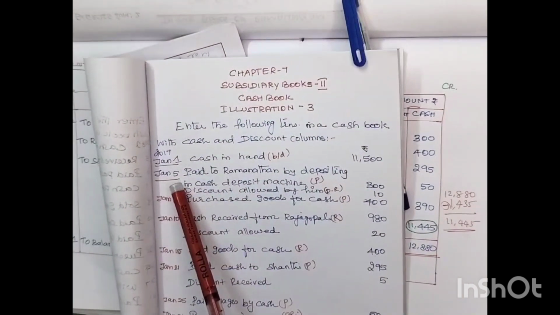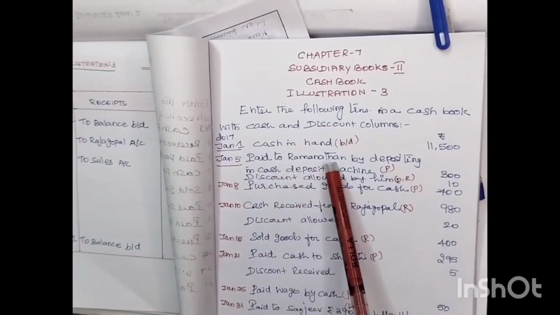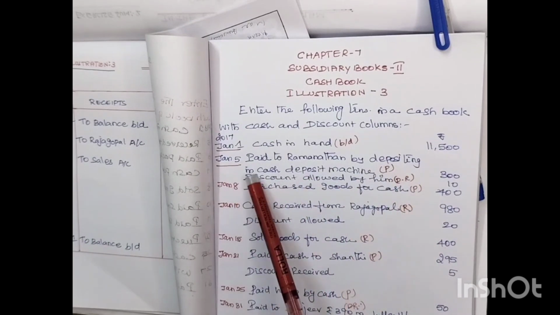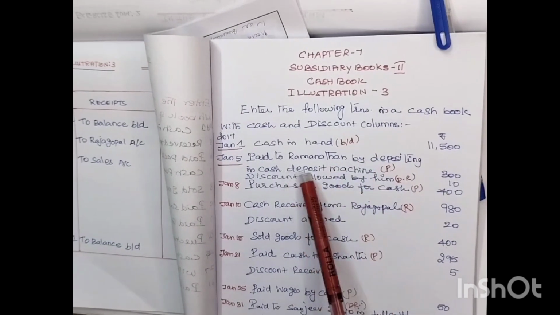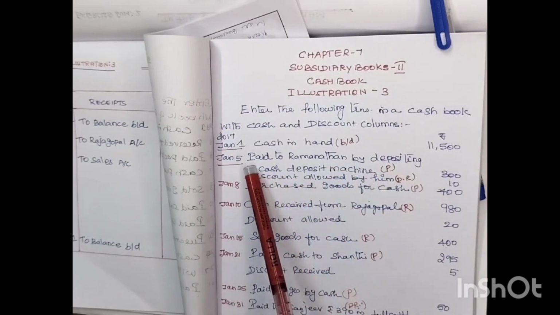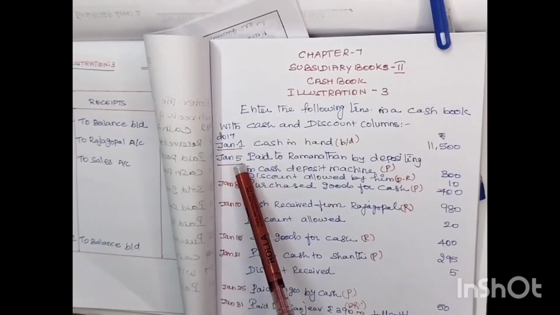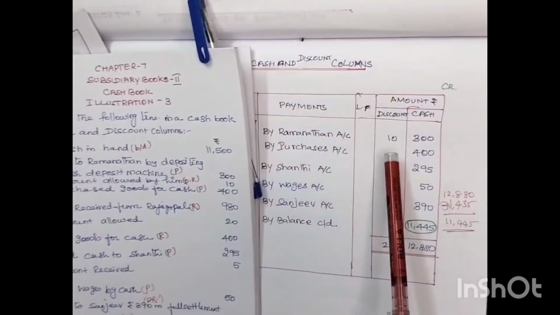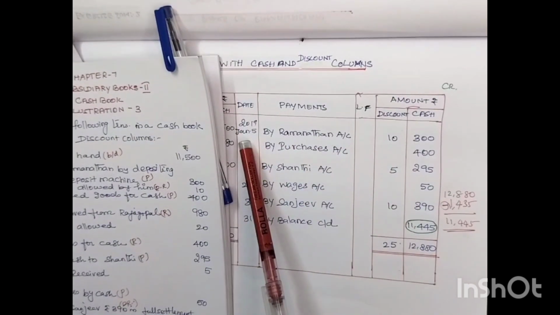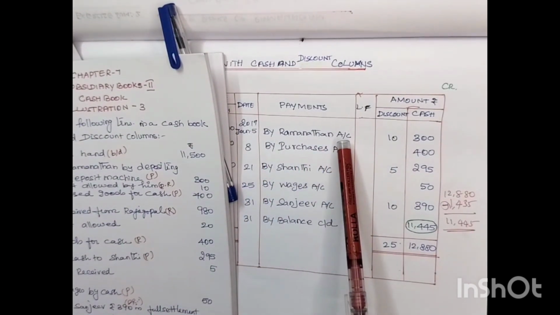Then January 5, paid to Ramanathan by depositing in cash deposit machine, that means CDM. What this transaction tells us: paid to Ramanathan means made payment to Ramanathan. So we go to the payment side, the credit side, dated January 5, by Ramanathan account.